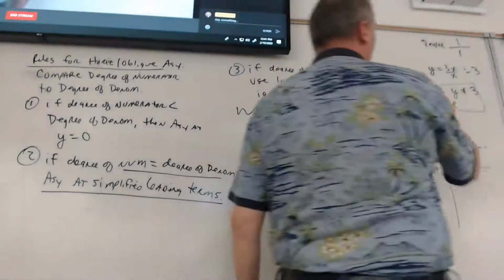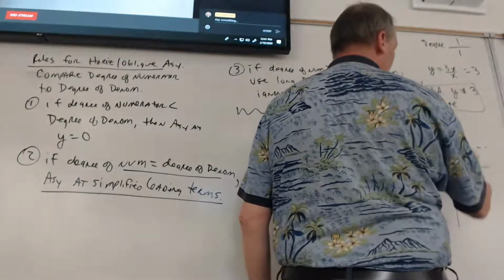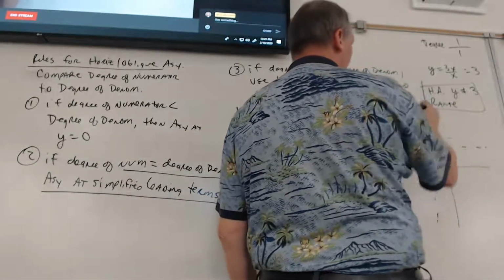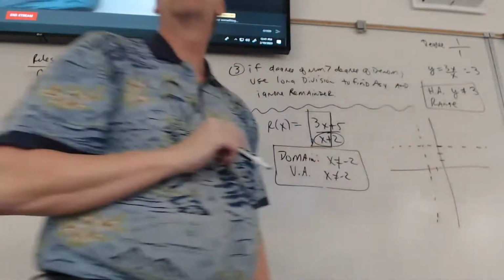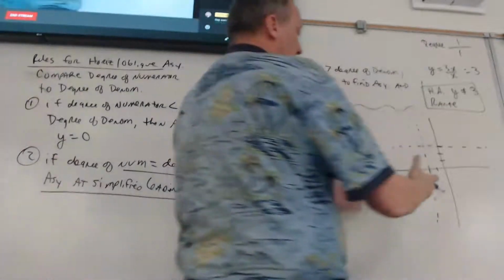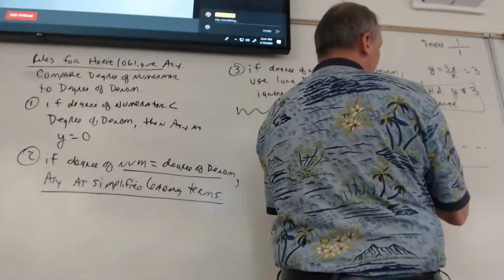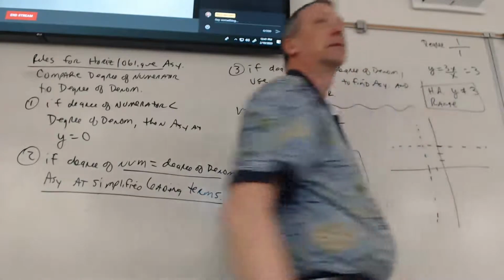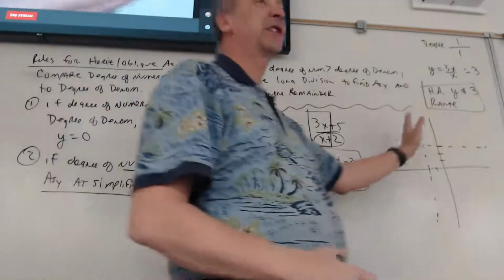So it could be here, or here, or here. Okay? So basically, the easiest thing to do is to look at your domain. Just need to pick some x's in here and also in here. Okay? On either side of your vertical asymptote.